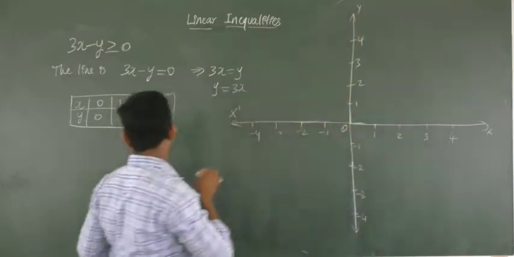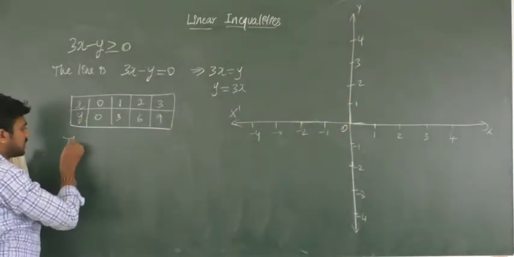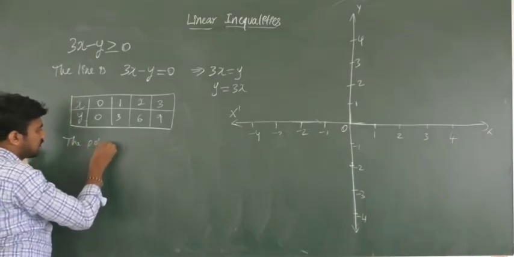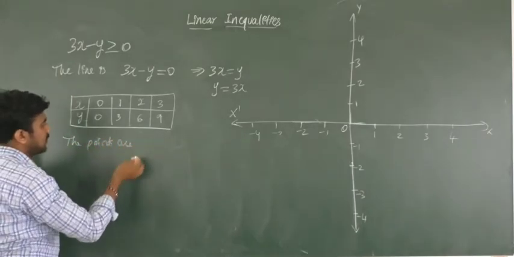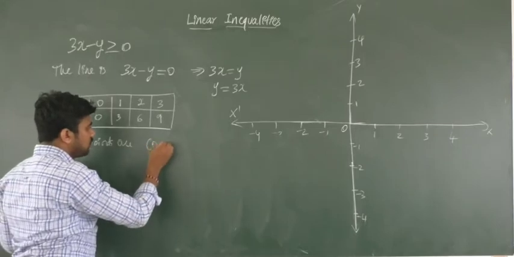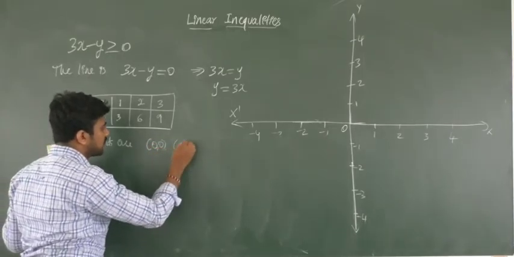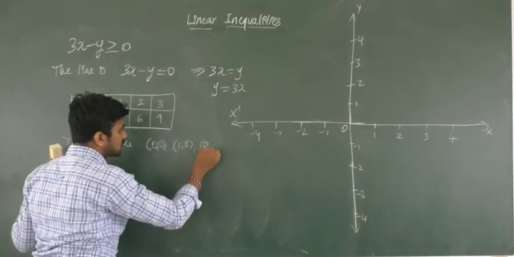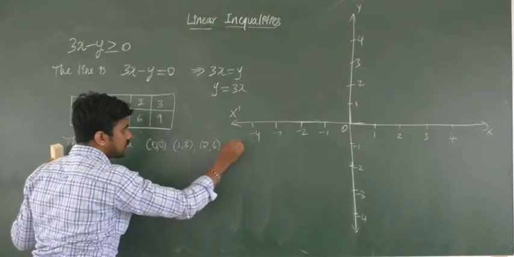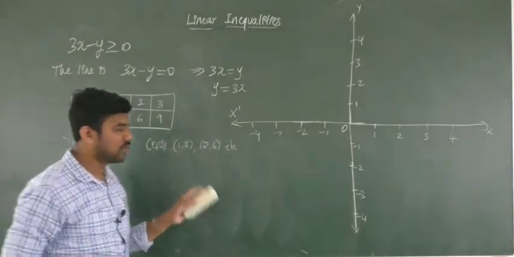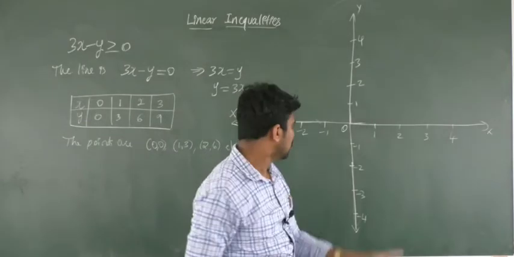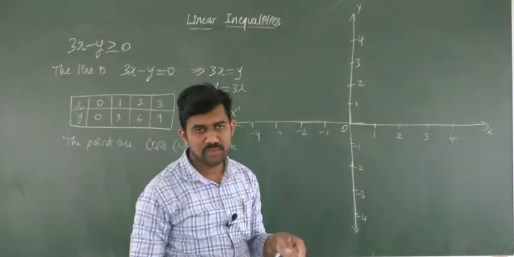Okay, now see here the points that you got. The points are 0, 0, then 1, 3, then 2, 6, like this we will get, etc. Just take any 2 or 3 points. Okay, so now 0, 0 is the origin. You can observe where the origin is.